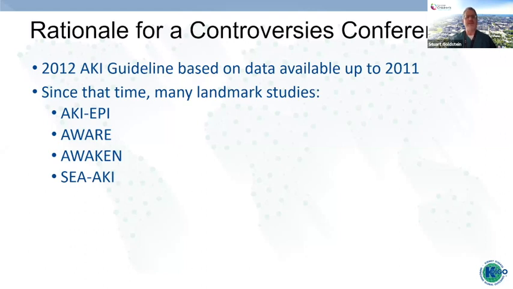The Southeast Asian acute kidney injury study, focusing on the epidemiology of AKI in Southeast Asia. And then the Preventing AKI study. The PREV-AKI study was one of the first to look at how to incorporate a biomarker into the management of patients at risk for acute kidney injury, to decrease AKI prevalence and severity, and was published.